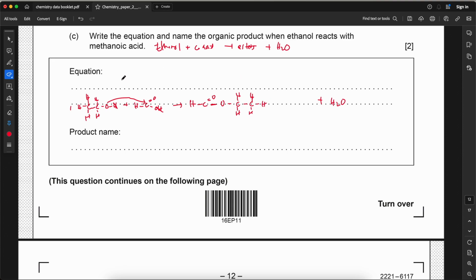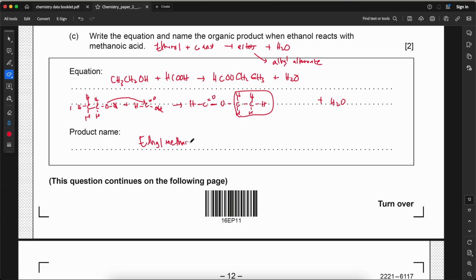Okay, so the equation would be CH3CH2OH plus HCOOH will produce HCOOCH2CH3 plus H2O. So an ester will have a name, alkyl alkanoate. So we have the alkyl here, which is 2 carbons, so that would be ethyl, and it has only one C, methanoate.